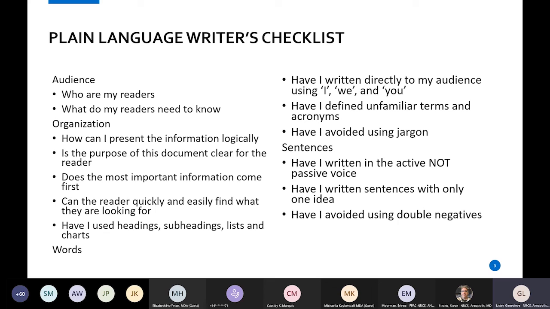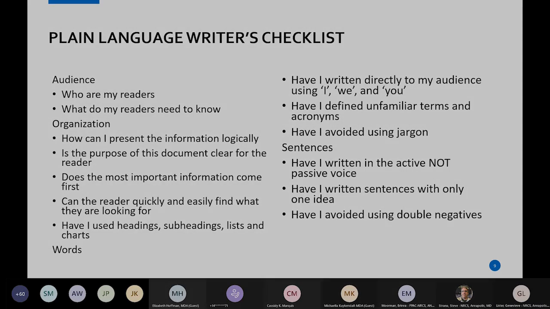But first, check the Plain Language Writers Checklist. This makes it really easy to ensure that you're writing information in a way that the public can understand, in a way that's accessible to a variety of audiences, and really communicates your information in the best way possible.